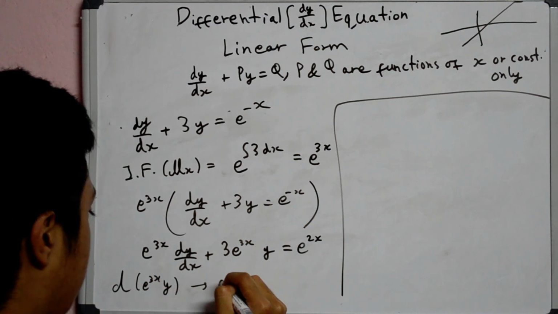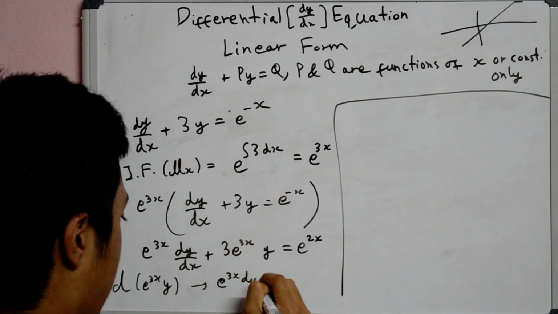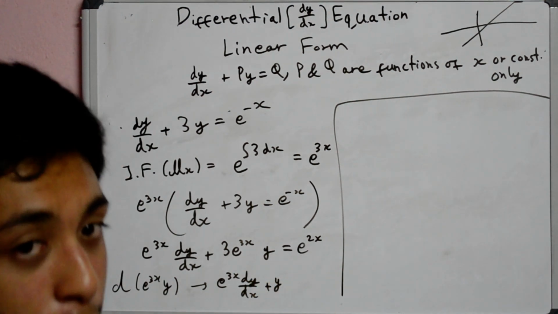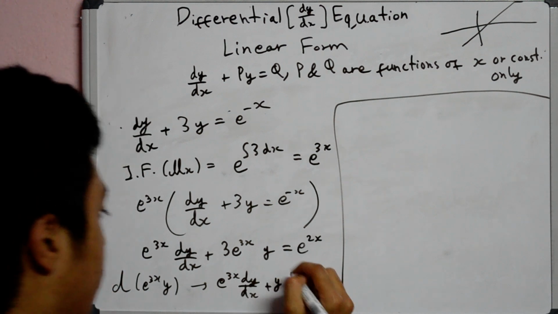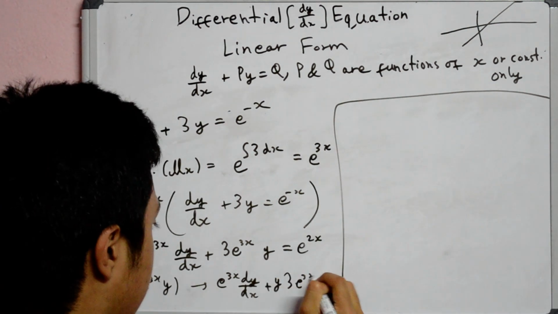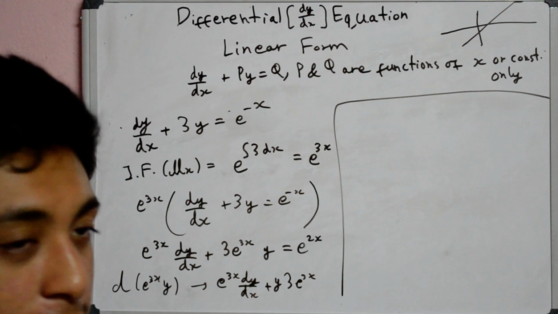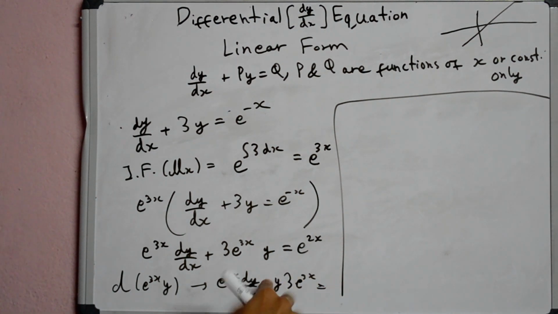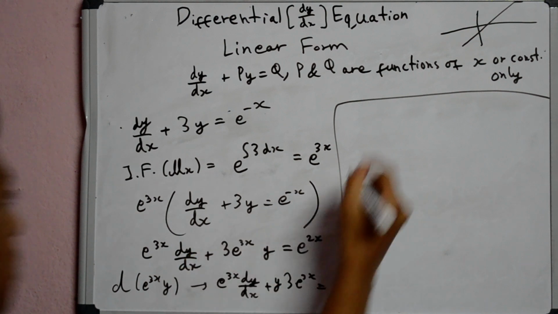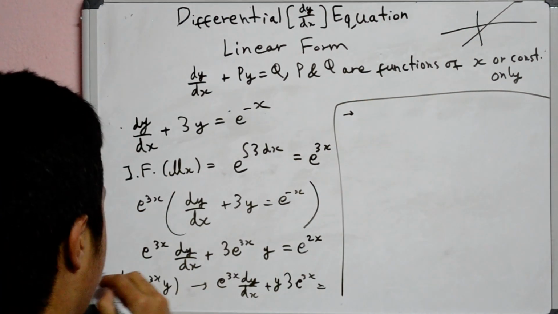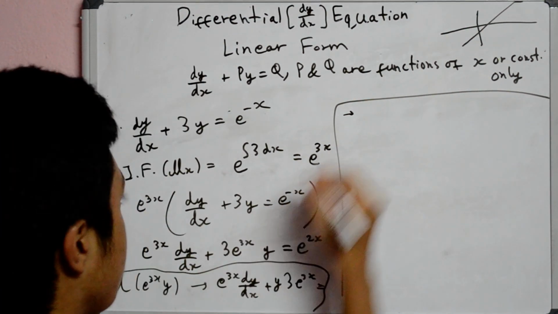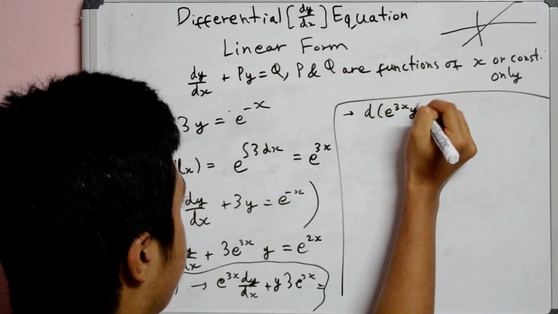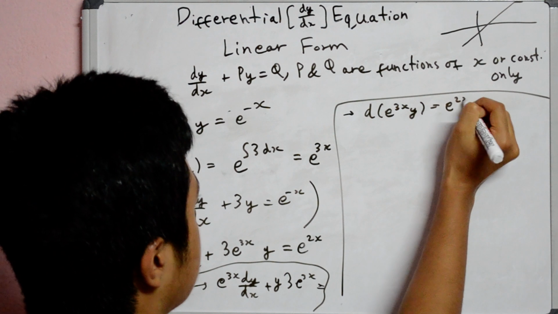We'll get e to the power 3x dy by dx plus y into the derivative of e to the power 3x, which is 3 e to the power 3x, dx by dx, which is 1, and this equals this. Here this whole thing matches that. So in fact we will have the derivative of e to the power 3x into y, which will equal e to the power 2x.